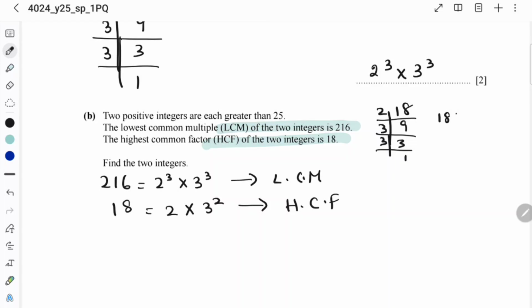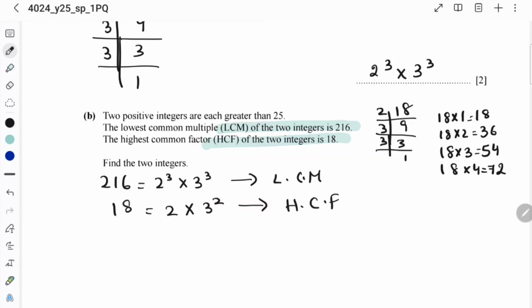Now I'm writing down 18 ones are 18. 18 times 2 is 36, 18 times 3 is 54, and 18 times 4 is 72. Let's try these numbers.